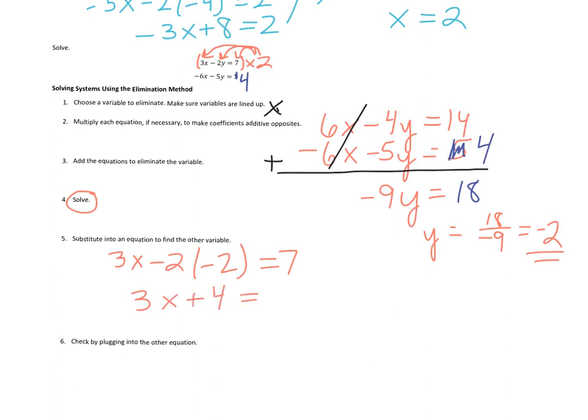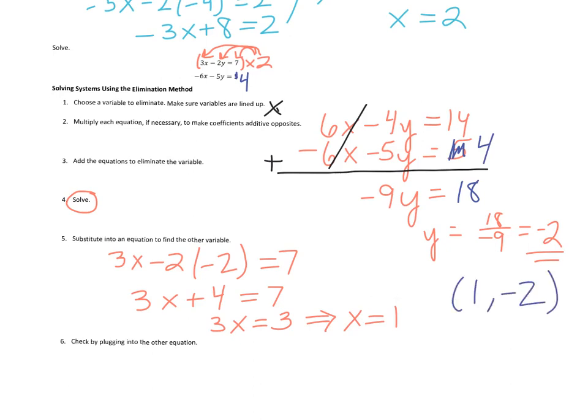So get rid of your parentheses, do that multiplication. Negative 2 times negative 2 is positive 4. Subtract the 4 and divide out by the coefficient. So 3 divided by 3 is 1. All right? And now we have our ordered pair solution.